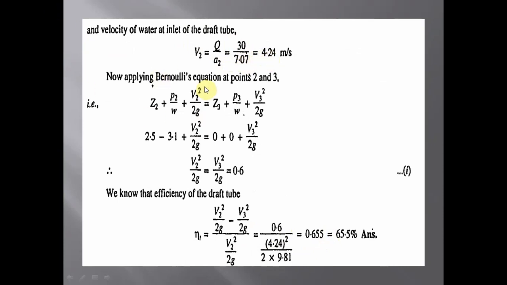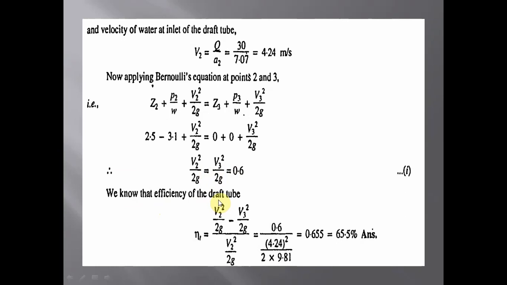Now applying Bernoulli's equation at points 2 and 3: Z2 + P2/W + V2²/2g = Z3 + P3/W + V3²/2g. Z2 is 2.5, P2/W is 3.1, P3/W is 0, and V2²/2g minus V3²/2g is equal to 0.6.